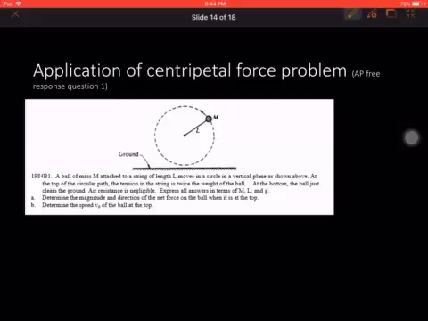Part A. Determine the magnitude and direction of the net force on the ball when it is at the top.